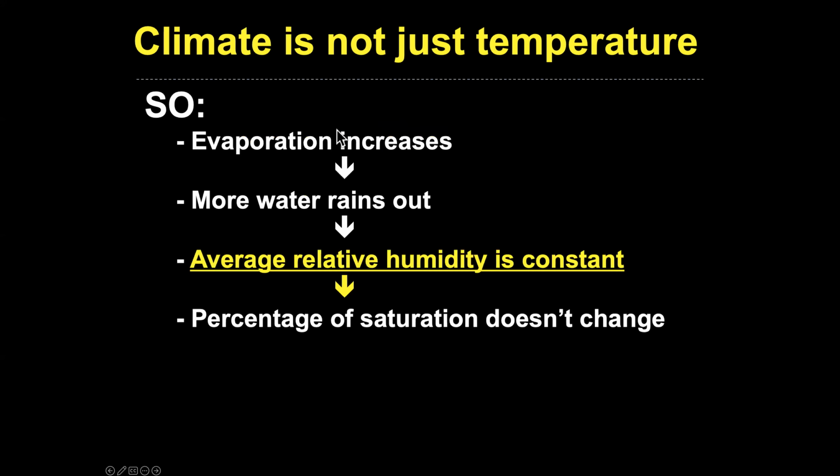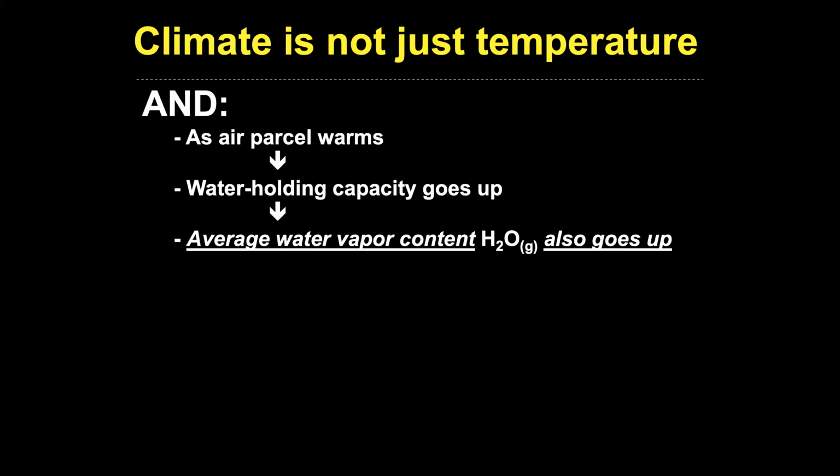So, greater evaporation, more water. Average relative humidity is constant, but the percent of saturation doesn't really change. So, bottom line, more water into the air. So, as the parcel warms up, the water holding capacity of that parcel increases, and as a result, you can basically have more water vapor content, which eventually translates into precipitation.